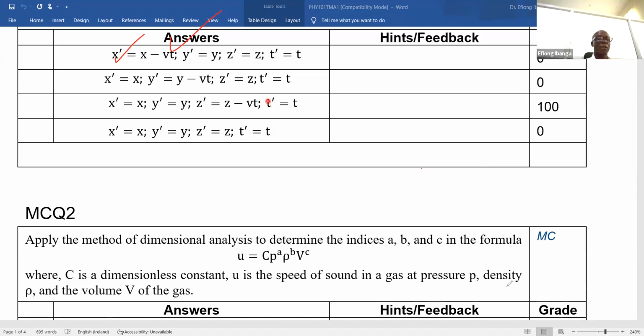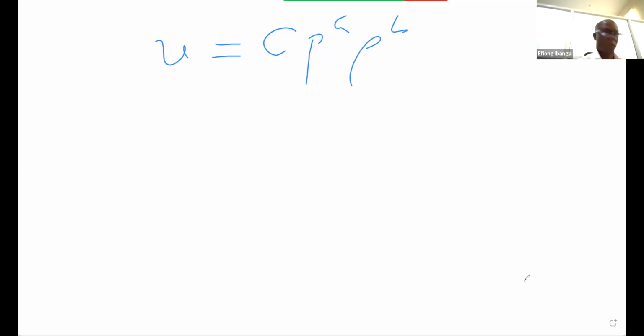You can see here is a question. The question says that you have U is equal to capital C, P to the power A, rho to the power B, V raised to power C, like that.